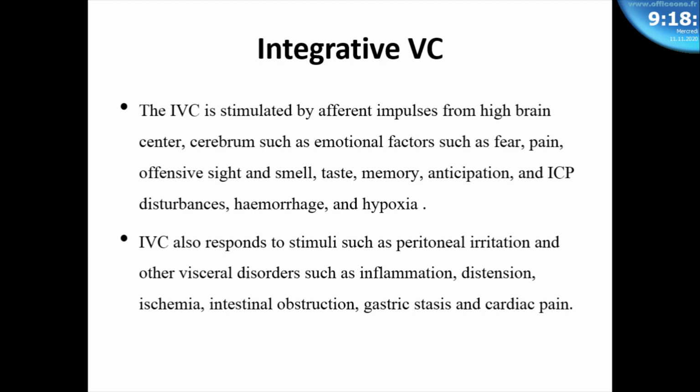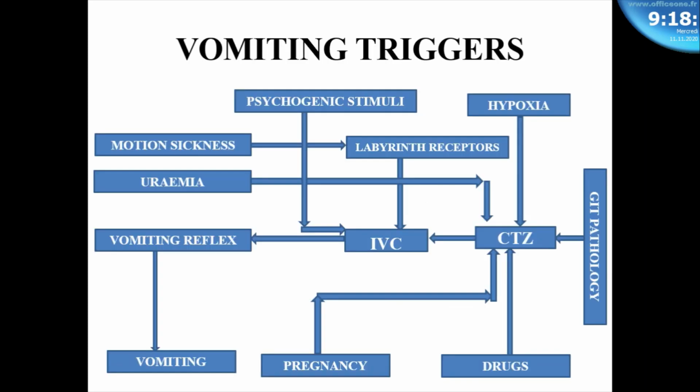It is the region of the brain in the medulla oblongata which receives the sensory impulses from different body parts and transmits efferent impulses to the GIT to initiate the mechanical activity of the actual act of vomiting.